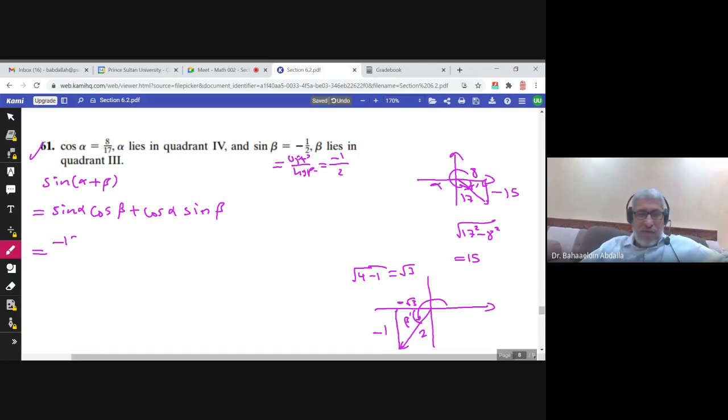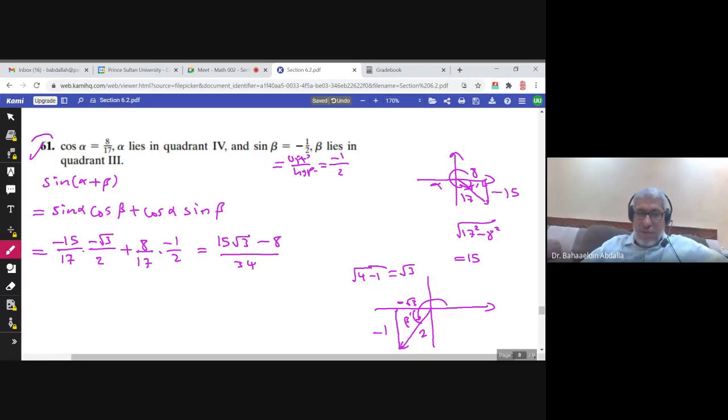So it's negative 15 over 17 times cosine beta, which from the triangle is adjacent over hypotenuse, negative square root of 3 over 2, plus cosine alpha, 8 over 17, which is also given in the question, times sine beta, which is given in the question, and also from here is opposite over hypotenuse, so negative 1 over 2. Now the answer would be 15 square root of 3 minus 8, over 2 times 17, which is 34. That's the answer.